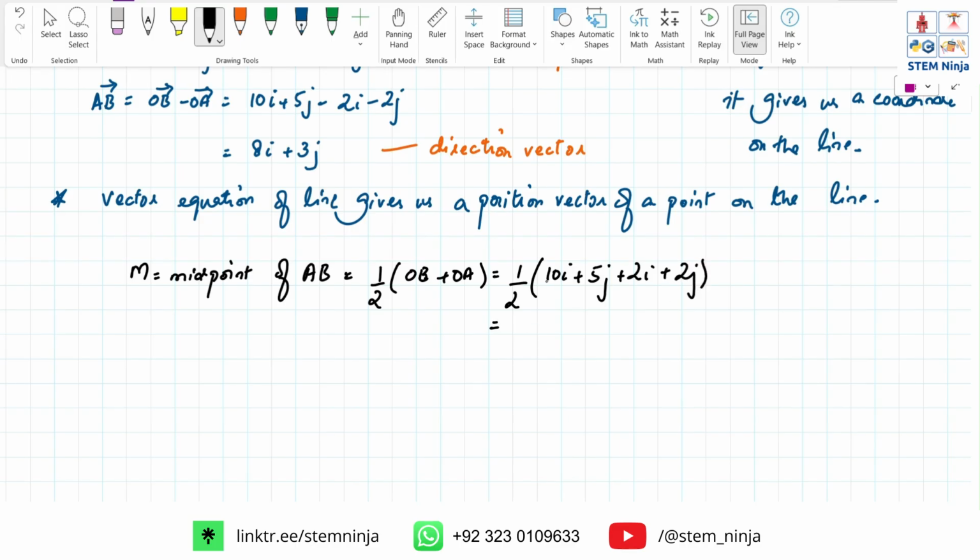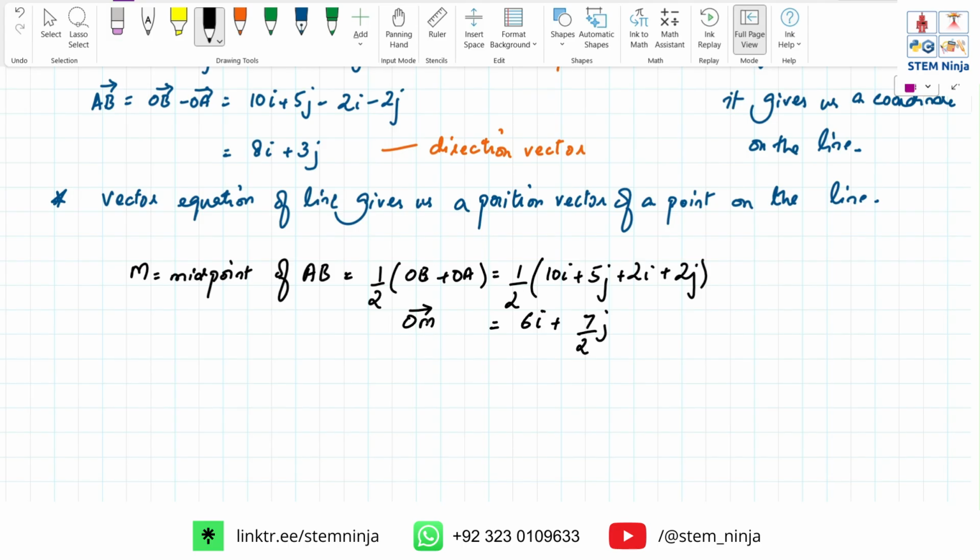So this would be 10 plus 2, 12, 12 divided by 2, 6i plus 5 plus 2, 7, 7 over 2j. So this is the OM basically.